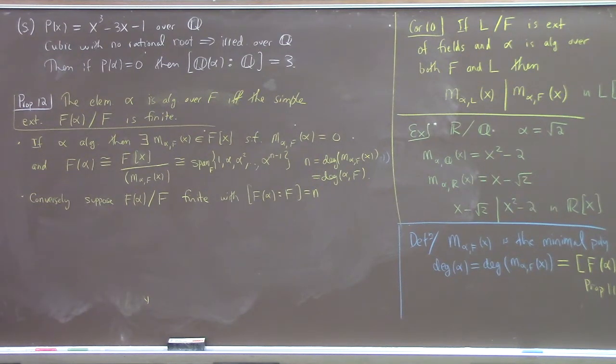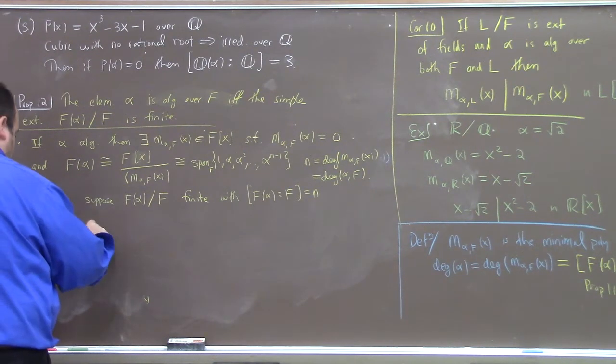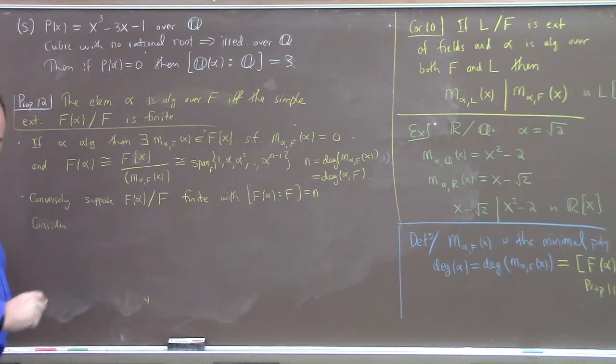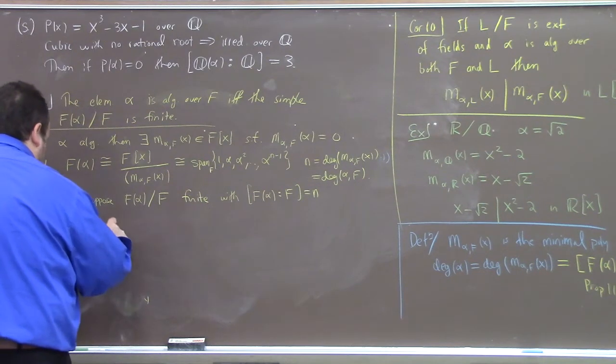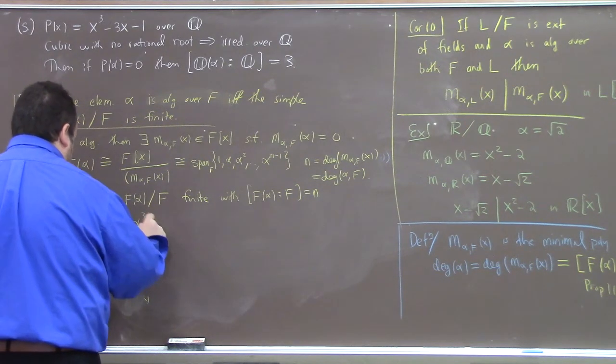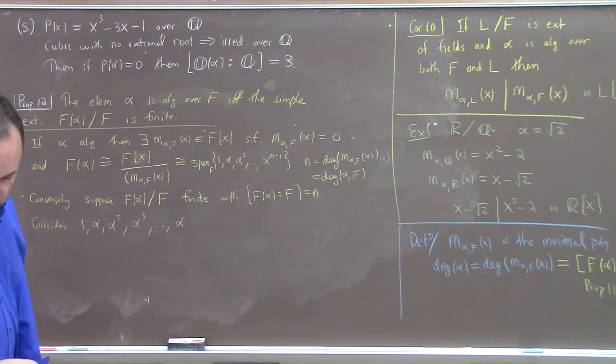So if it has degree n, consider this. Then consider 1, alpha, alpha squared, alpha cubed, and so on, up to alpha to the n.